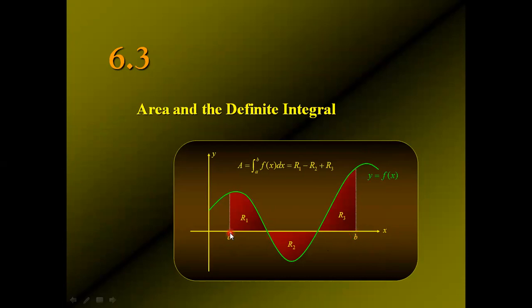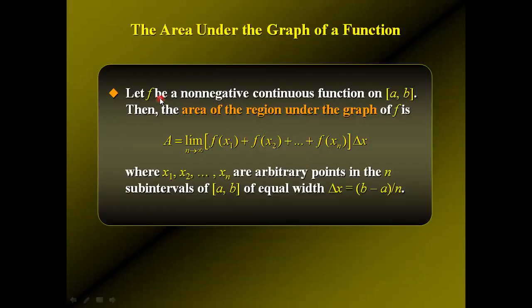Start from a and end with b. We have to find the total area over this interval. So it must be a non-negative continuous function on the interval [a, b].